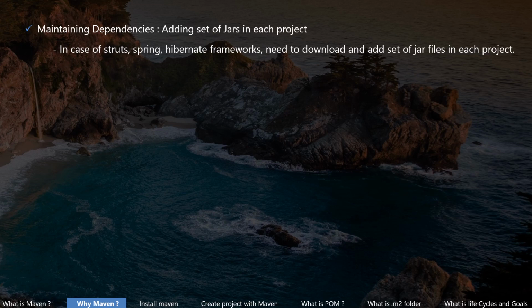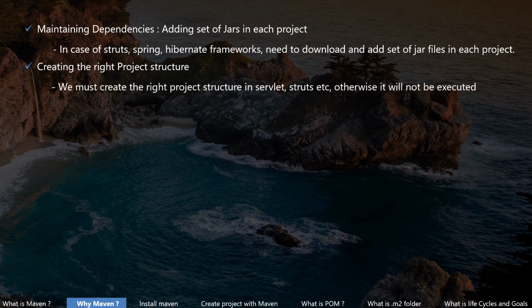And every time we create a new project, we need to create some folder structure, which is error prone, especially in the case of frameworks, where we need to create the correct folder structure, otherwise it won't execute. So it is not giving uniformity from project to project. For example, if you are working with multiple projects and every project has its own different folder structure, it is very confusing to find a particular file in the project.